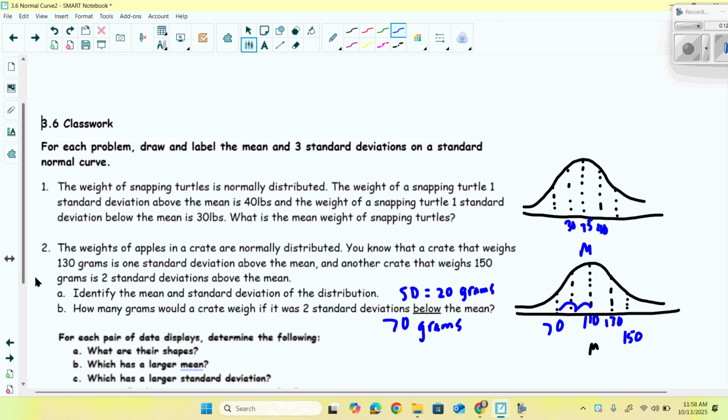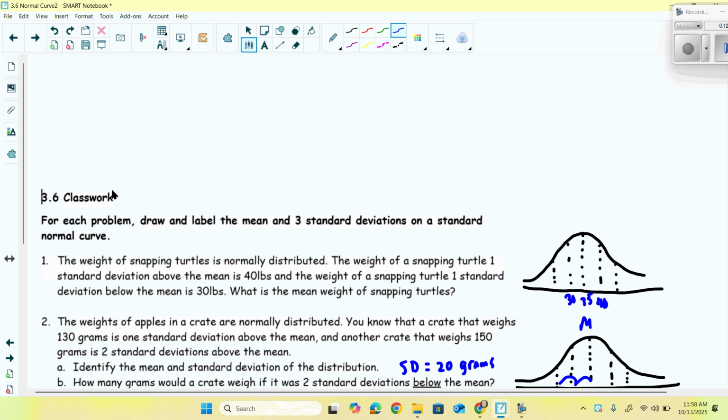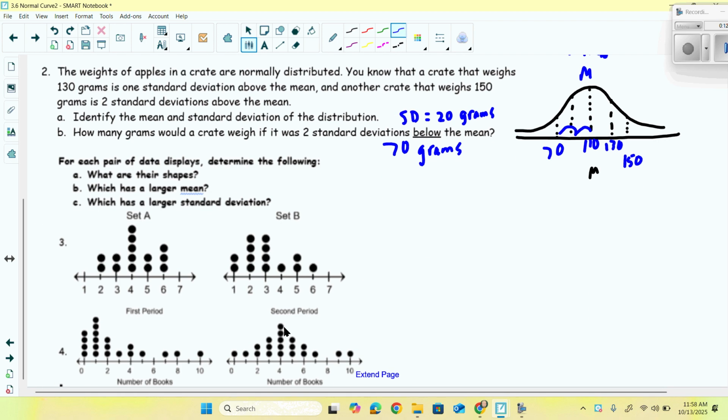And then finally, looking at these box plots, it says for each paired data display, determine the following. What's their shape, which has a larger mean, and these are going to be estimates, which has a larger standard deviation or spread.